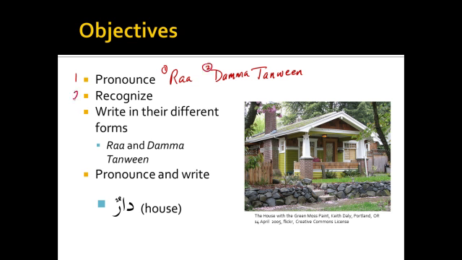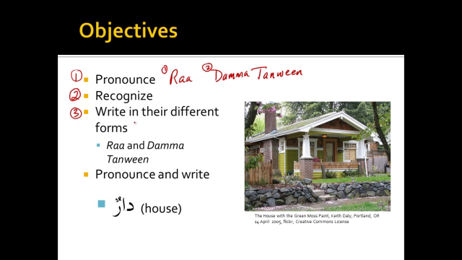The second is to recognize the Ra and the Damma Tanween when we see them in a word. So we're going to practice doing that. And the third objective is to write the Ra and the Damma Tanween in their different forms.